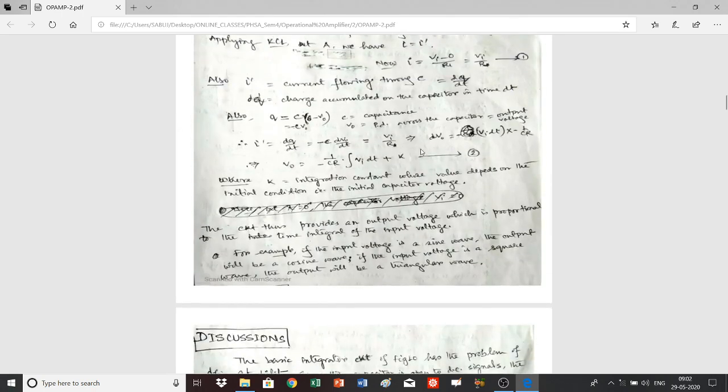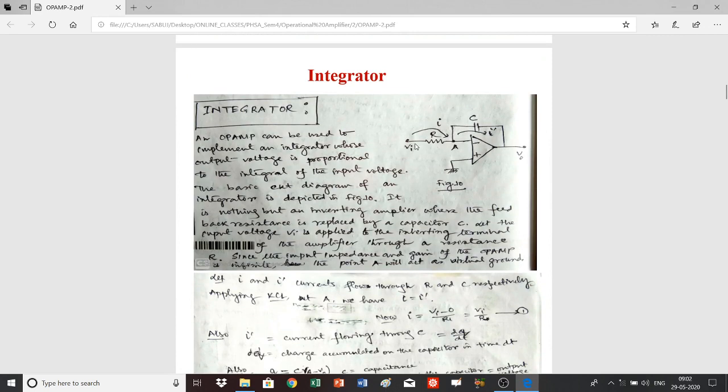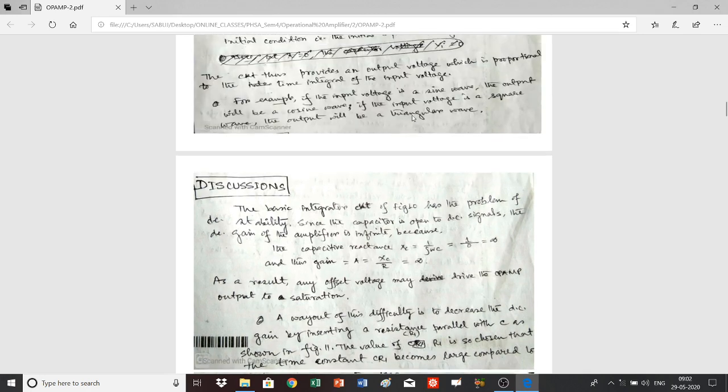Now if you use a DC voltage in the input terminal, then what would be the value of the capacitive reactance? That will be 1 by j omega C, that is equal to 1 by 0, because omega for DC is 0. So that is equal to infinity. Then you can easily calculate the gain of this amplifier.